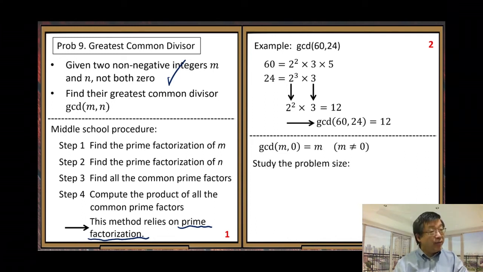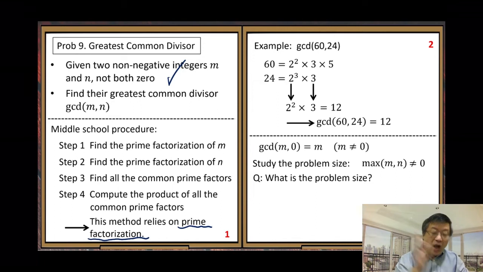Then, the simple fact: the maximum of m and n is not equal to 0. Then we can answer this question: what is the problem size of this GCD problem? The answer is the maximum of the two given integers. That's the most straightforward way to describe the problem size.